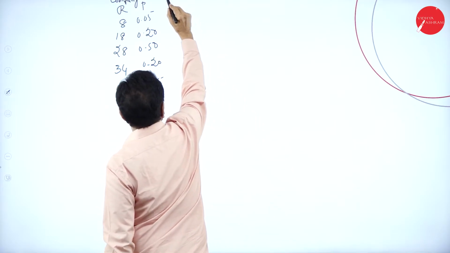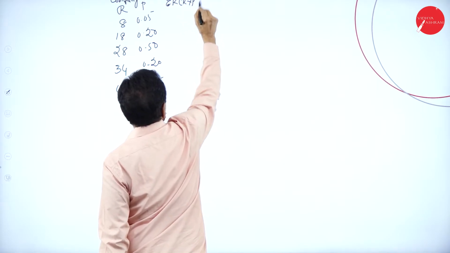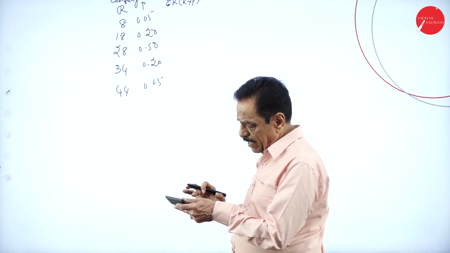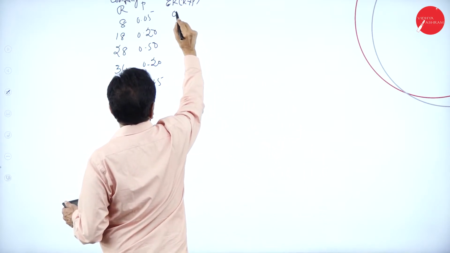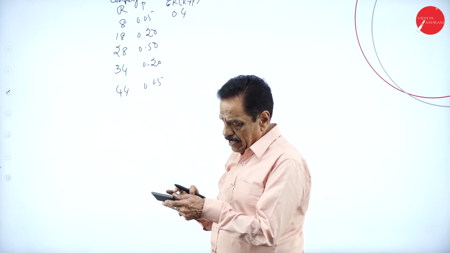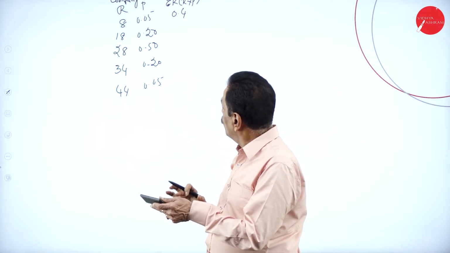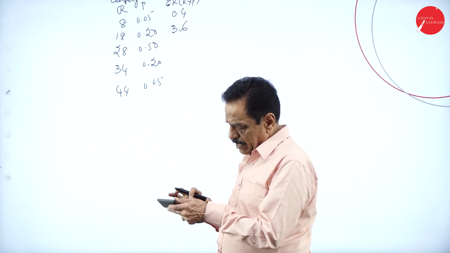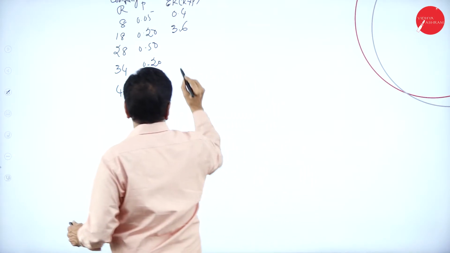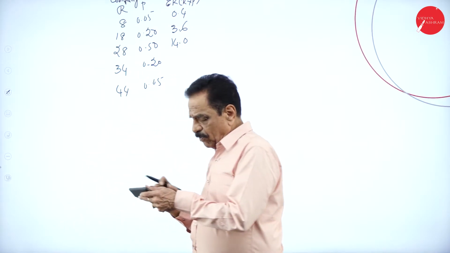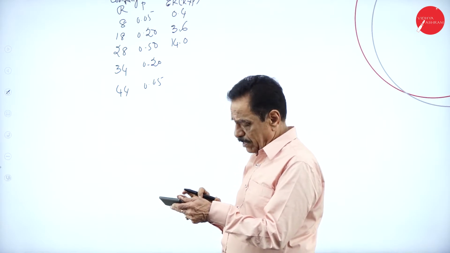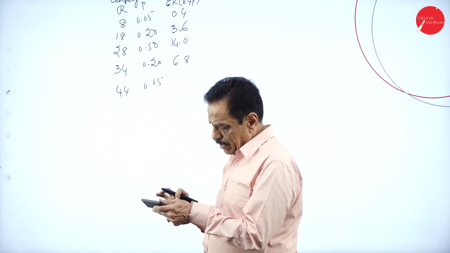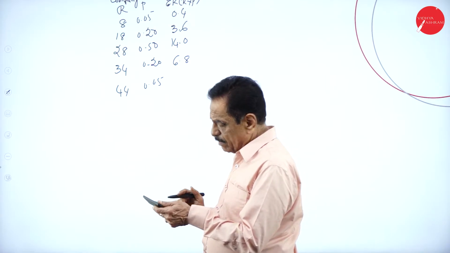Yes. Then expected return, R into P. 8 into 0.05 is 0.4. 18 into 0.20 is 3.6. 28 into 0.50 is 14. 34 into 0.20 is 6.8. 44 into 0.05 is 2.2.